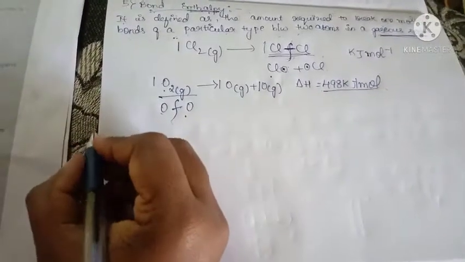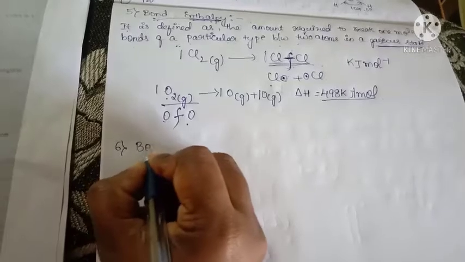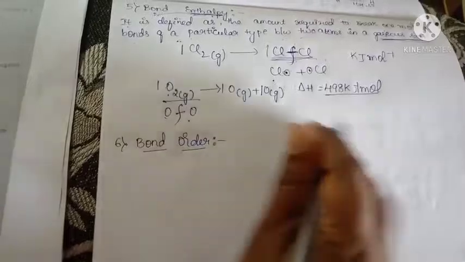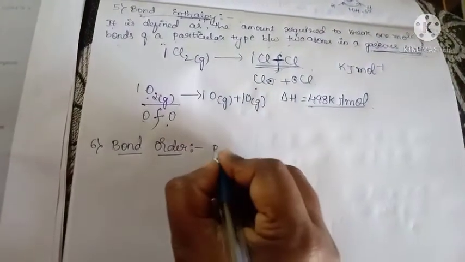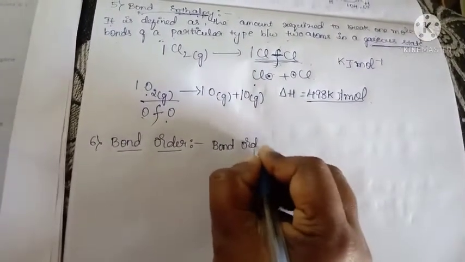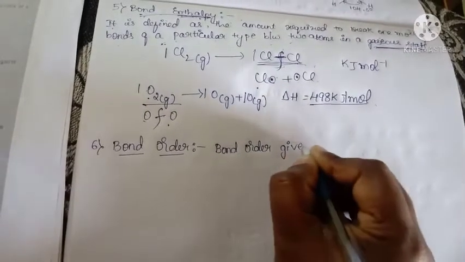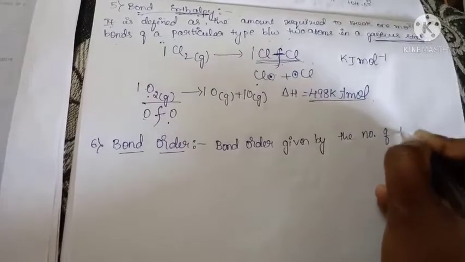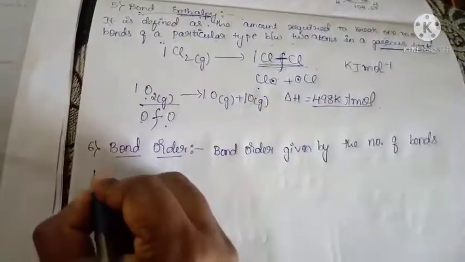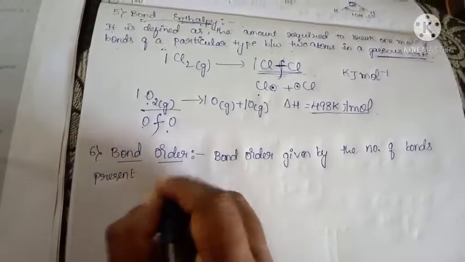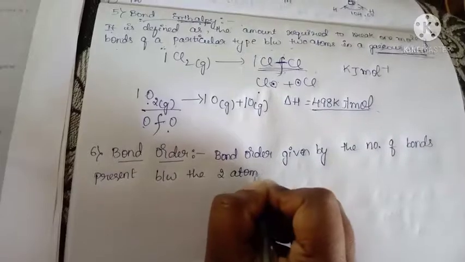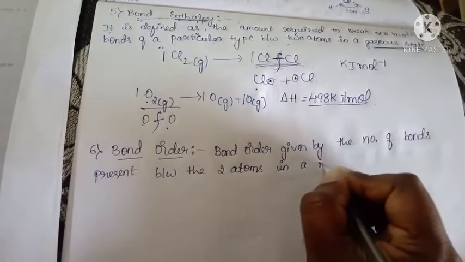Okay, the next and last parameter, the sixth one, is bond order. Bond order is given by the number of bonds present between the two atoms in a molecule.